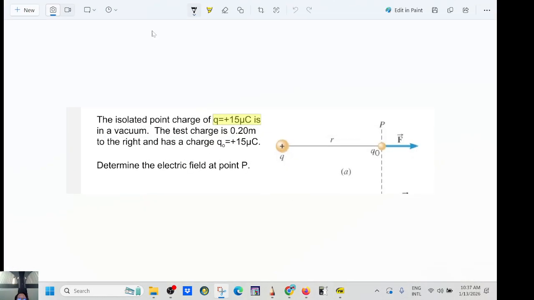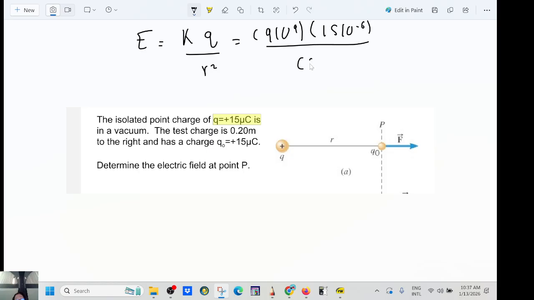Okay, so the electric field in magnitude: it's the electric constant, the source Q, and the distance r squared. So it will be 9 times 10 to the 9, the source 15 times 10 to the negative 6, and the distance squared.